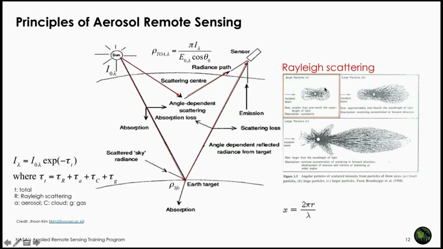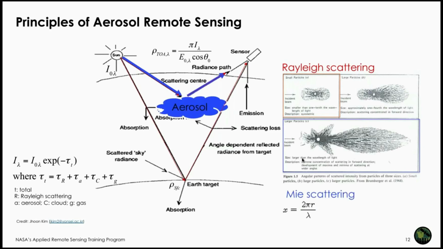So Rayleigh scattering and aerosols have different characteristics. Our goal to get the aerosol information is to isolate the aerosol signal from the total signal in the sensor on the satellite.